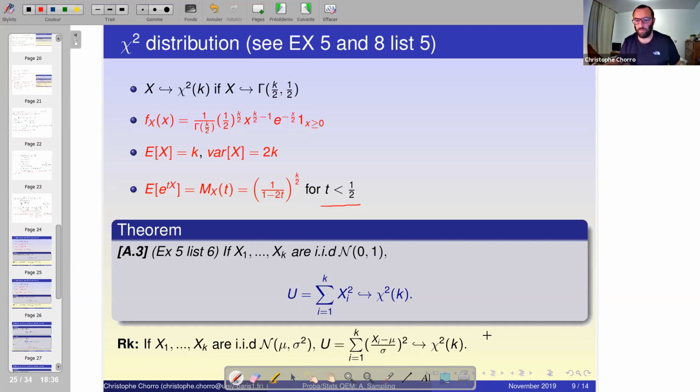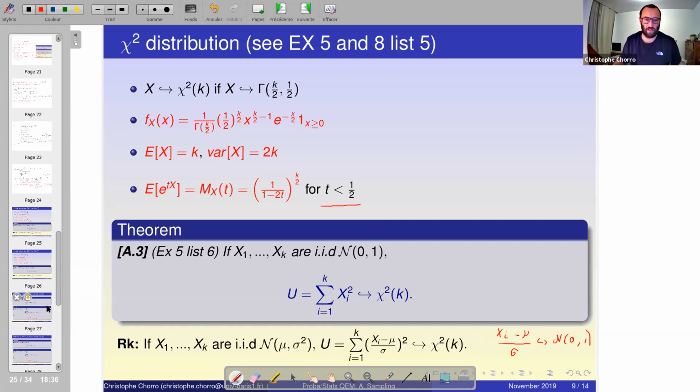And why? Simply because if you take Xi, subtract the mean and divide by the standard deviation, you have an affine transform of the initial Xi that is just an N(0,1). So you come back to this case, and so it's possible for you to use theorem A3. Okay, so I have this one.